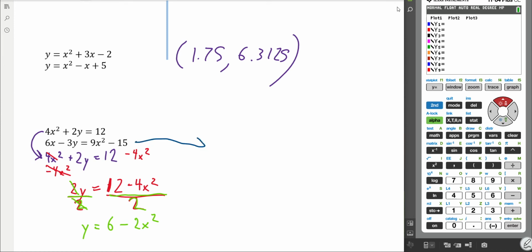So now we're going to write our second equation. And we want to get y by itself again. So just writing it out as before. And now we're going to try to get y by itself by moving the 6x over, subtracting 6x on both sides to do so.